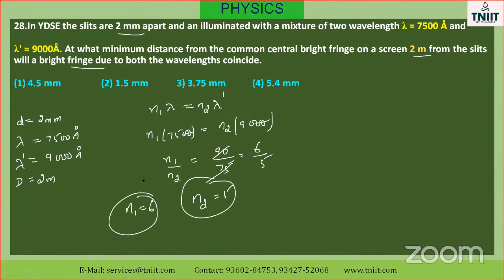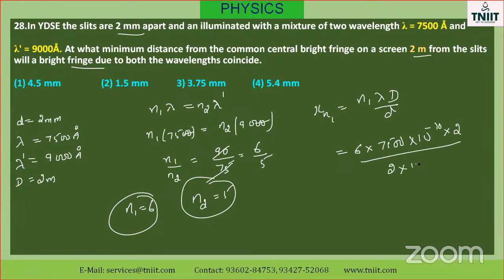Now they're asking you to find that minimum distance. So for xn1, you have to use n1 lambda capital D by small d. If you are using xn2, you have to use lambda dash. N1 is 6, lambda is 7,500 angstrom. Capital D value is 2 meter. Small d is 2 millimeter.